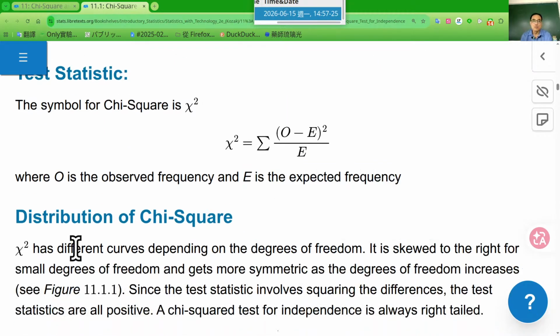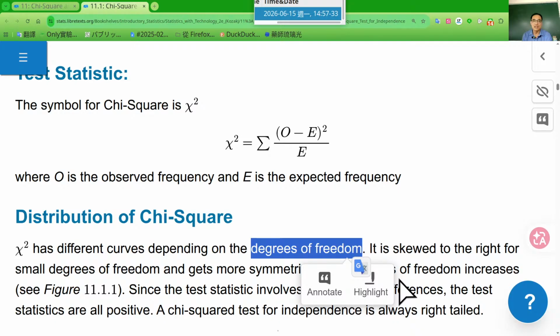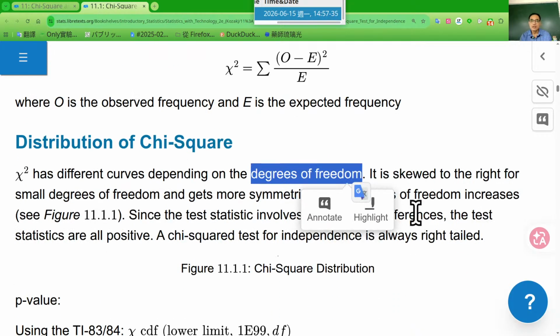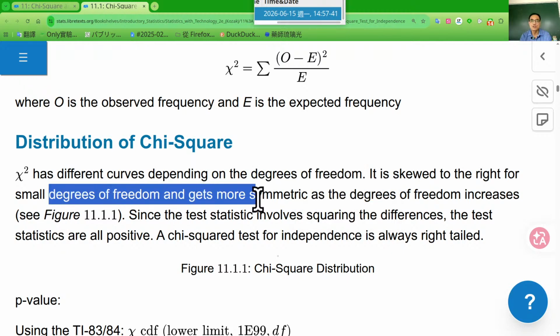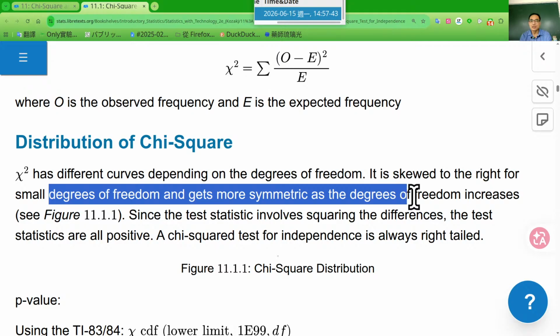The distribution of chi-square has different curves depending on the degrees of freedom. It is skewed to the right for smaller degrees of freedom and gets more symmetric as the degrees of freedom increase.